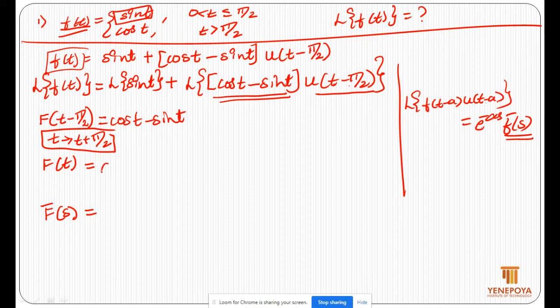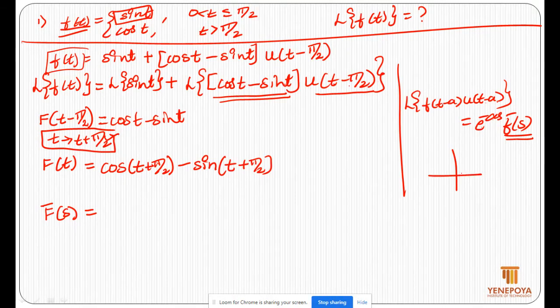So capital F of t is cos of t replaced by t plus pi by 2, minus sin of t replaced by t plus pi by 2. Cos of 90 plus t is in the second quadrant, where cos is negative, so minus cos of 90 plus theta is minus sin theta, where theta is t.